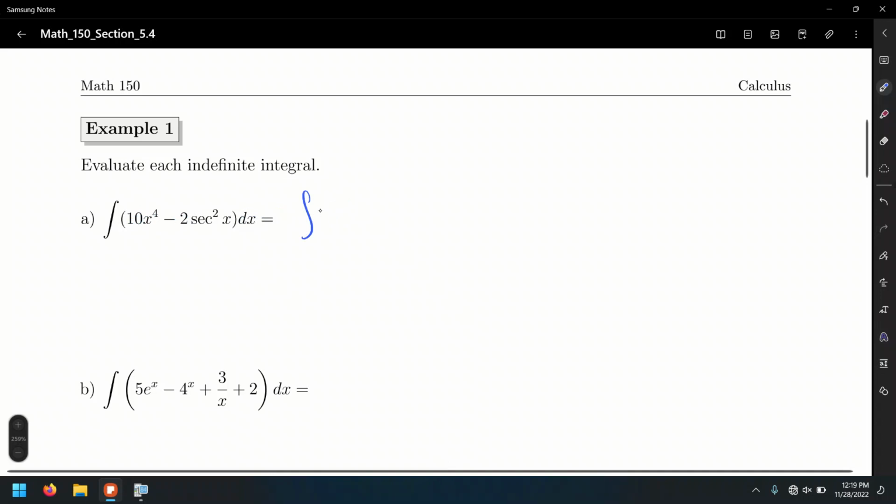That's the integral of 10x to the fourth dx, recall that the integral sign always goes with the dx symbol, minus the integral of 2 secant squared x dx. Essentially, we are distributing the integral symbol and the differential symbol to both terms.